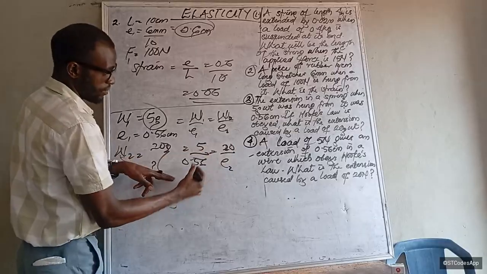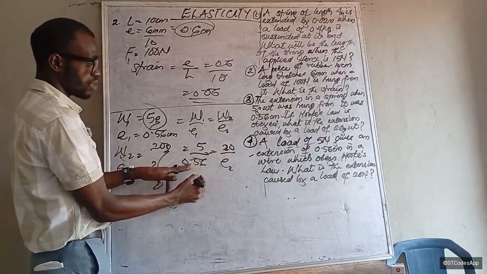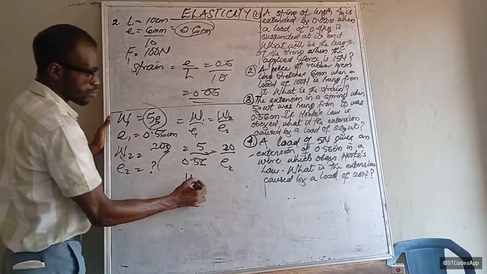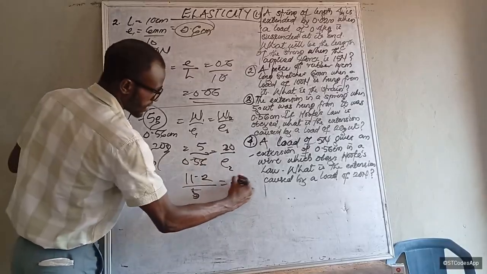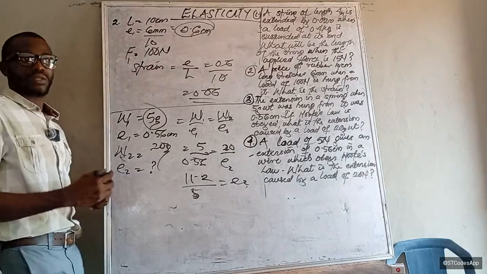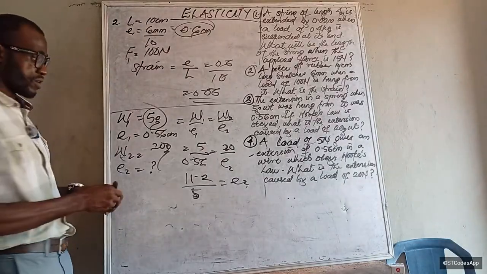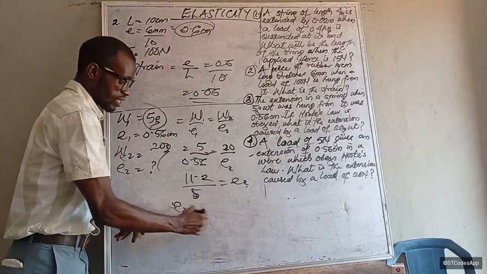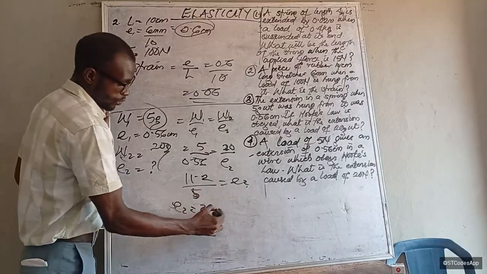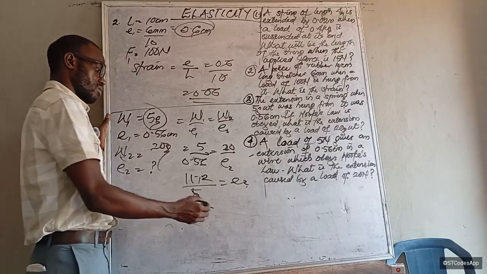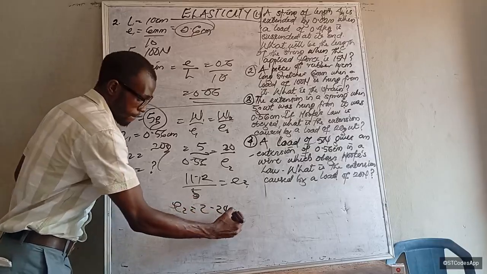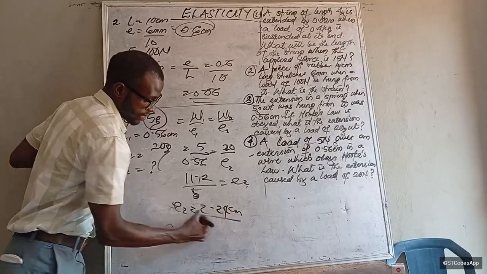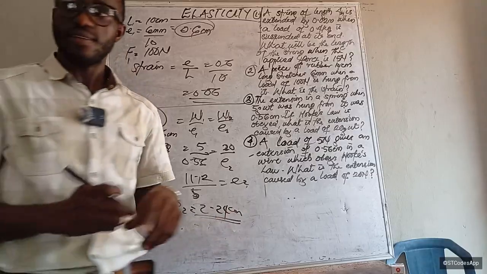So multiply this by this. 5.6 times 2 is 11.2, over 5. That is E2. Do you understand what I did? Just use your own calculator. E2 is equal to 2.24 centimeters. Is it clear? Alright.